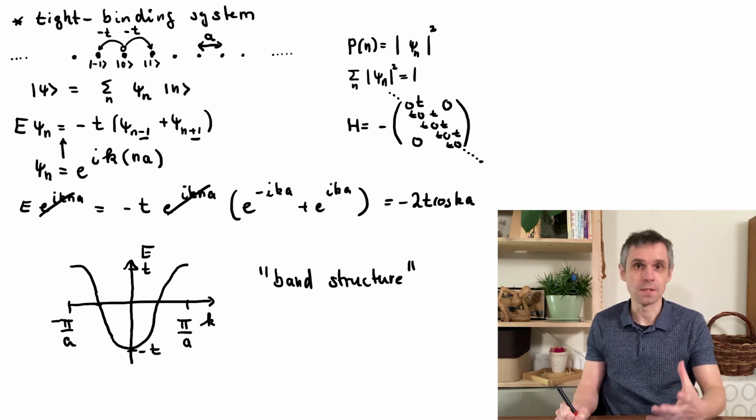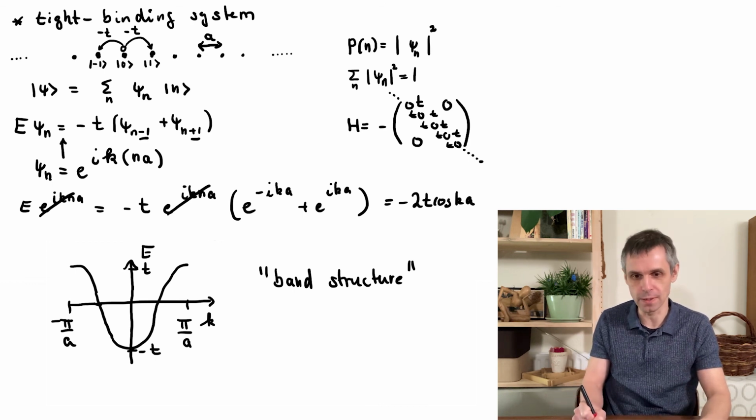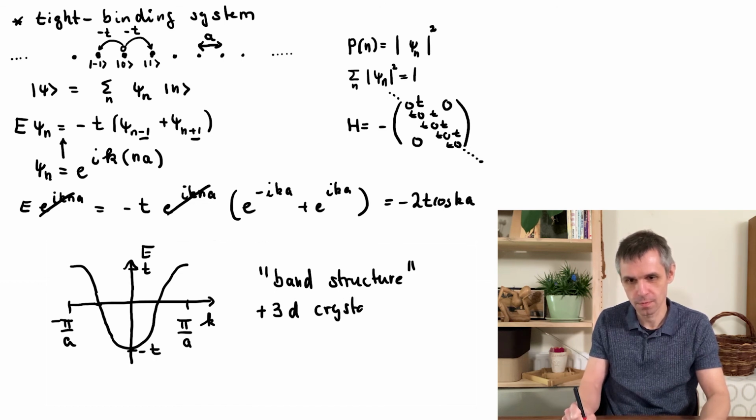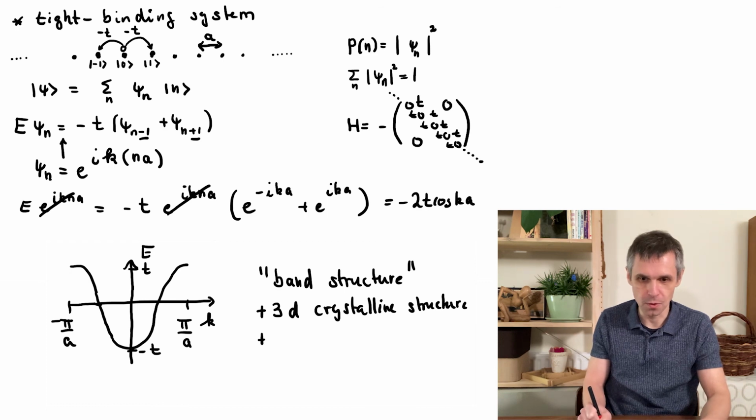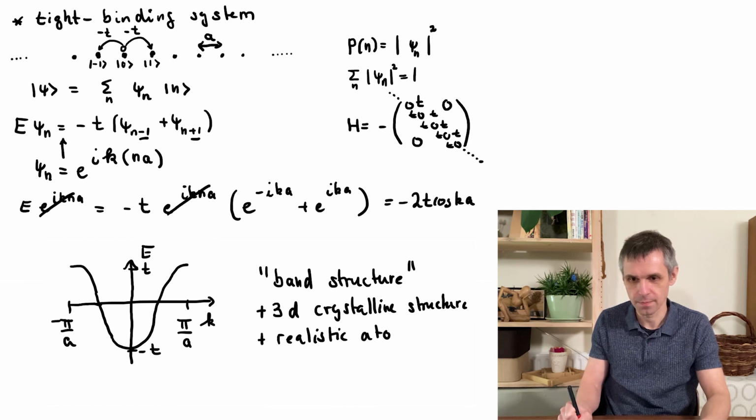So this is the simplest version of such a band structure, but this really forms the basis of a very detailed theory of the electronic structure of materials. What you then would do is to add a three-dimensional crystalline structure, and model your atoms more realistically, for instance, accounting for their internal states, and also perhaps considering more than just one electron.